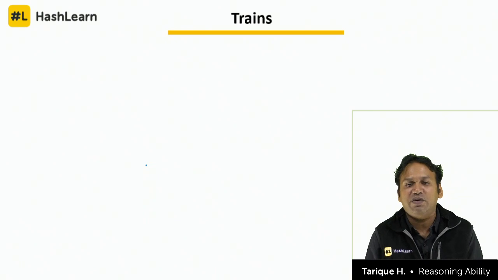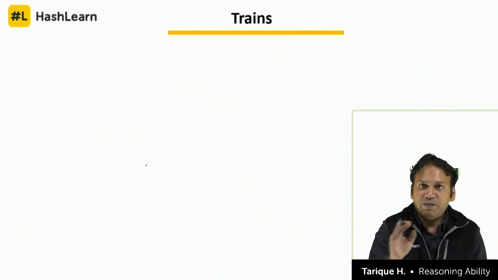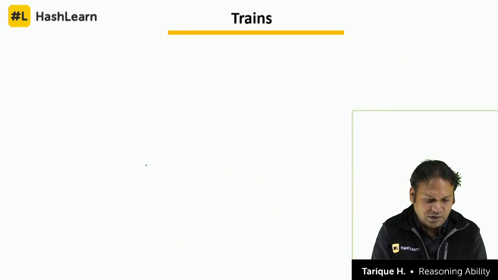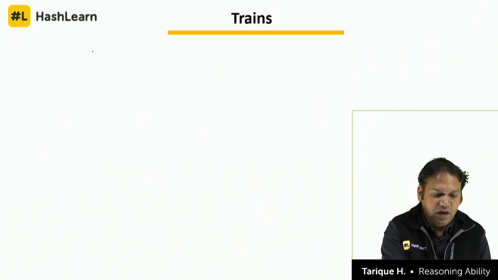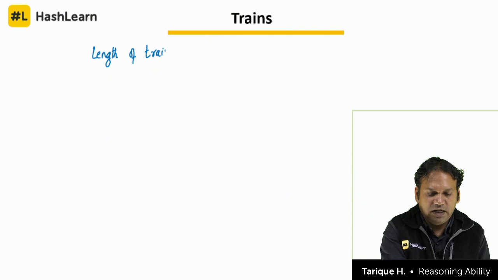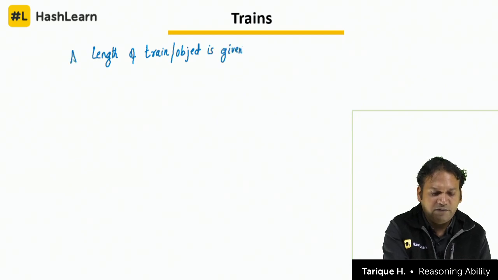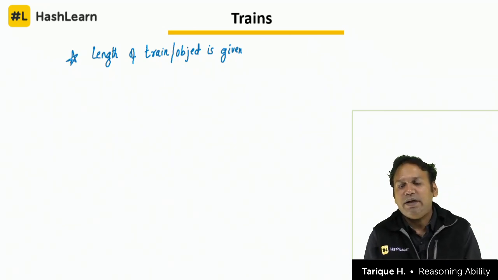We are separately putting trains in a category here because these are those questions where the length of the train, or we can say the length of the object, is given, and this length is also important for us. That is why we have to consider it.